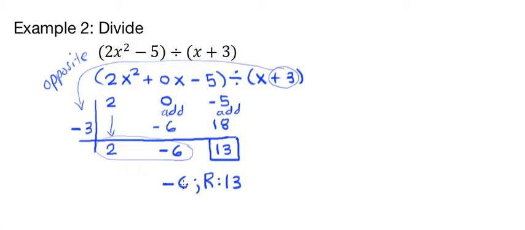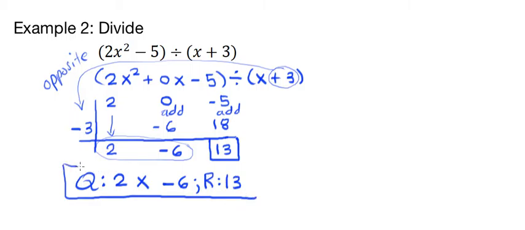Negative 6 will be the constant term of the quotient, and this number 2 will be the coefficient of x. Again, if you have more numbers, the next will be the coefficient of x squared, and the next the coefficient of x cubed, and so on. So this should be 2x minus 6, and this guy should be the quotient. So this should be then the answer. Quotient 2x minus 6, remainder 13.